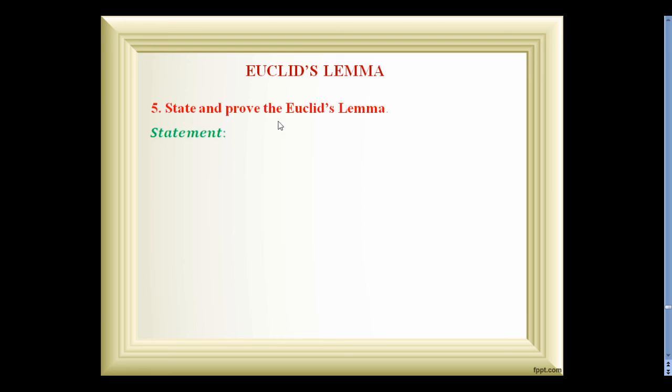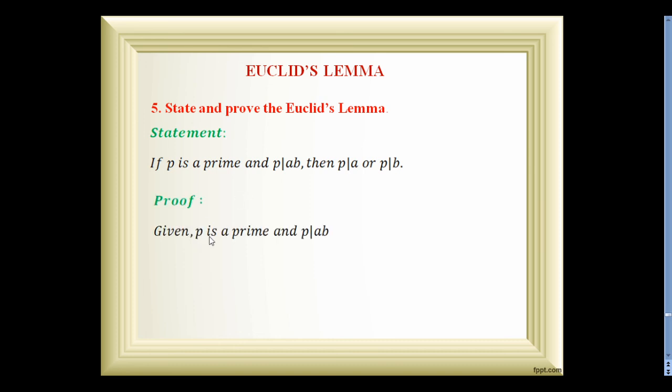Euler's lemma. State and prove Euler's lemma. Statement: if P is a prime and P divides AB, then P divides A or P divides B. So the proof of this theorem: given P is a prime, P divides AB.